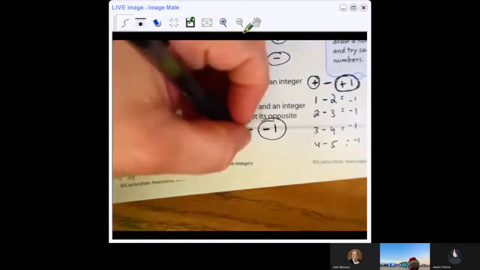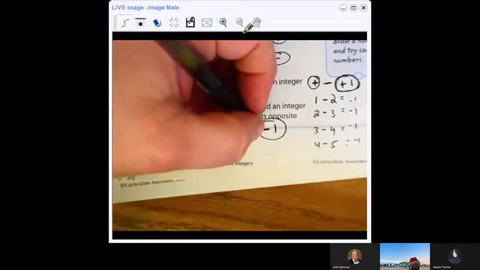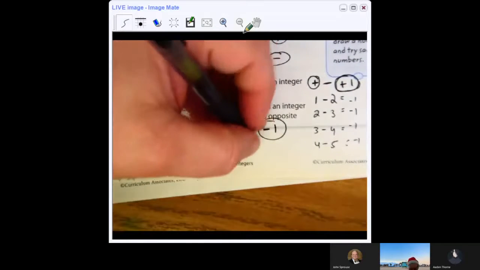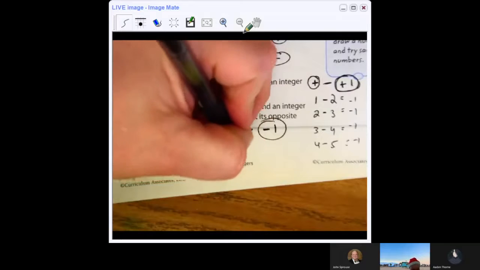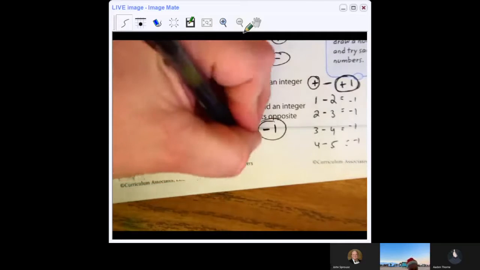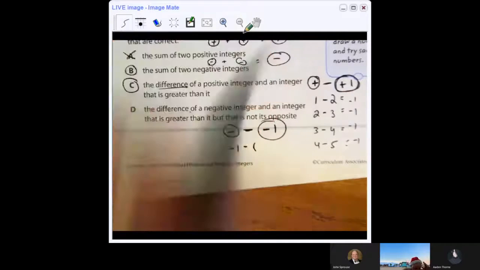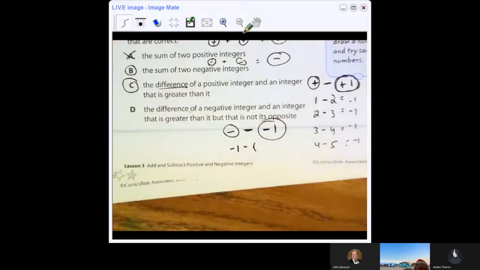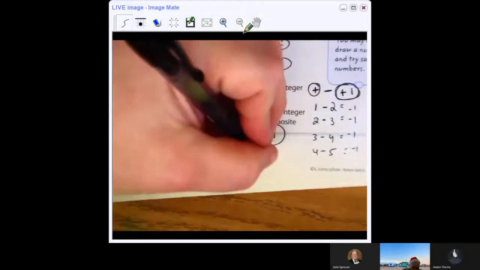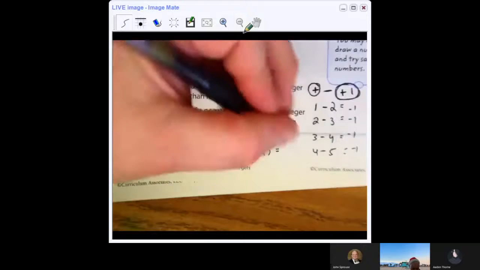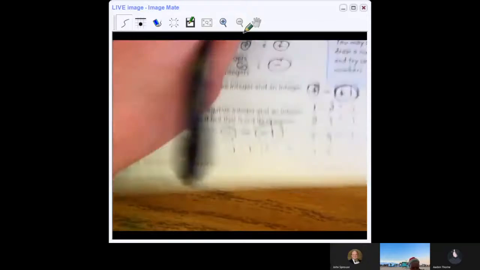So I could say, let's say negative 1 subtracted by negative 1, that would give me 0.